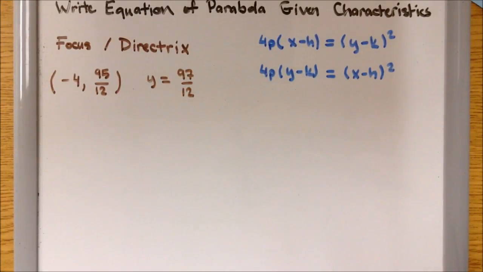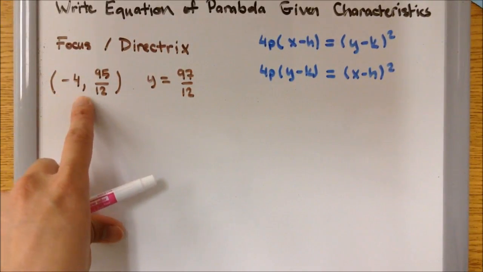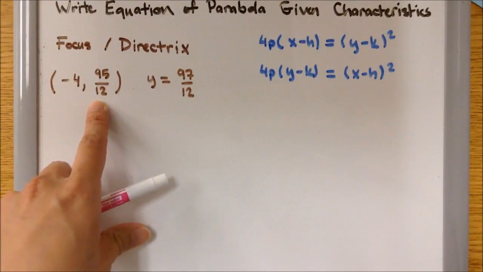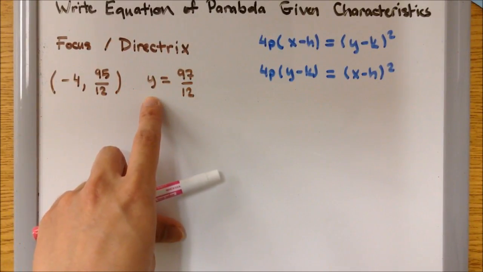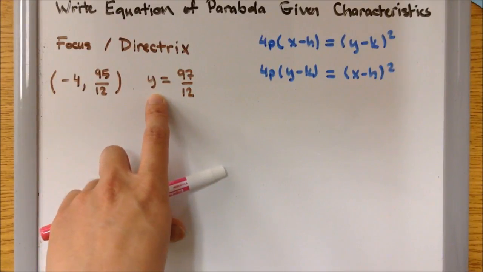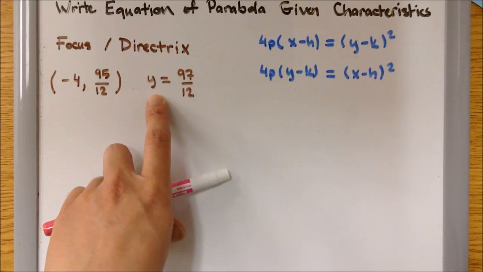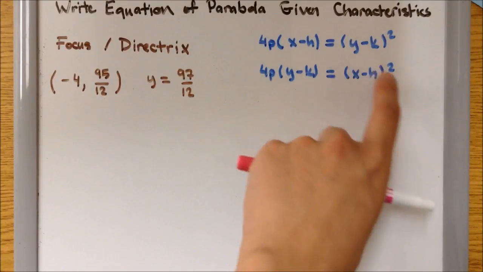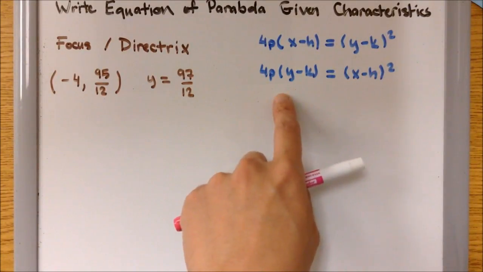In this example, we have the focus -4 comma -5 over 12, and then our directrix is y equals 97 over 12. Now again, we're going to focus on the directrix first. Since it's y equal, that means we're going to use the equation where the square is on the x, so this equation.